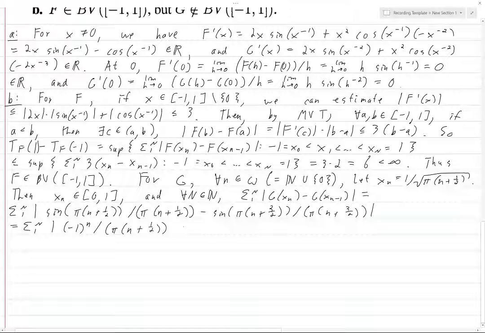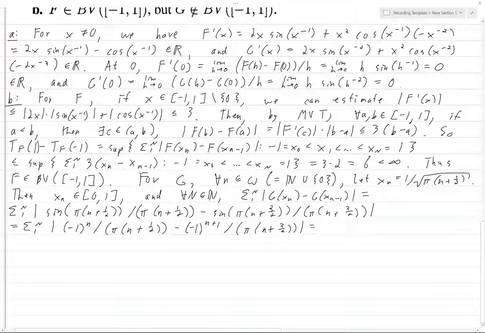And then we're subtracting negative 1 to the n plus 1, because the argument is increased by 1, over pi times n plus 3/2. But now if we look at these signs, we have a negative 1 to the n in the first term and a negative 1 to the n plus 1 in the other term. And so these signs are always going to be the same.